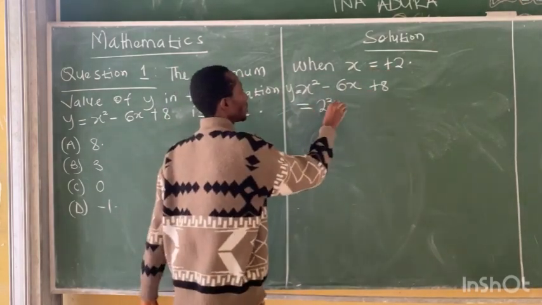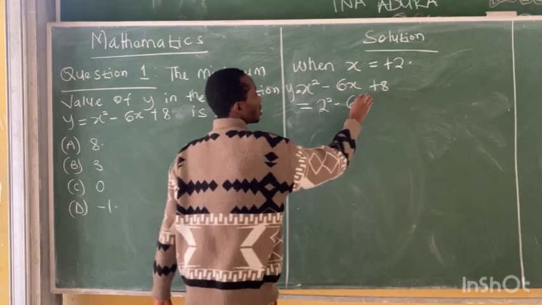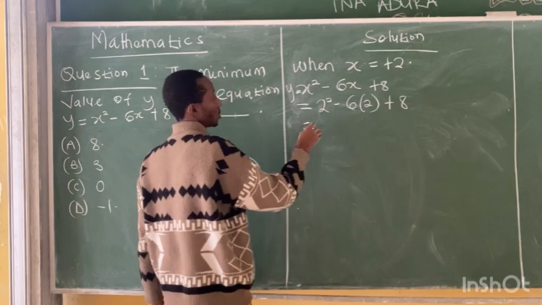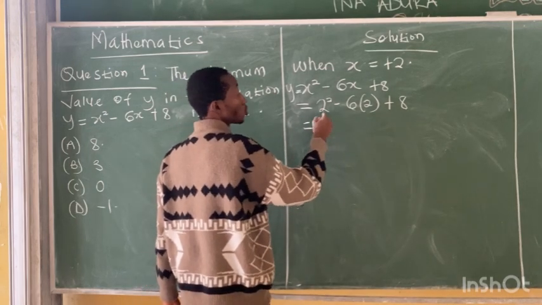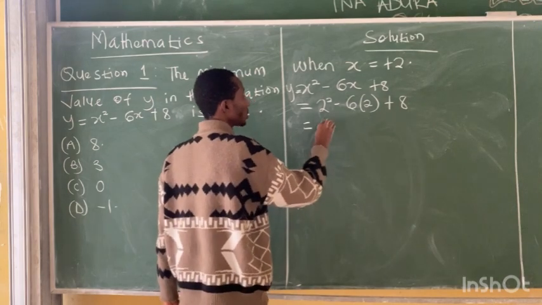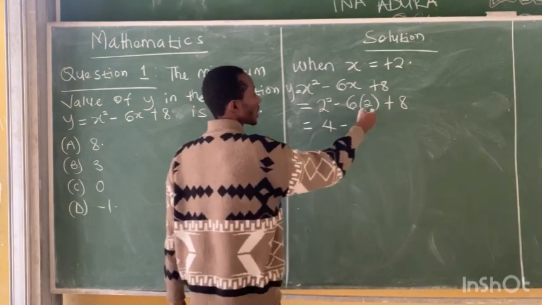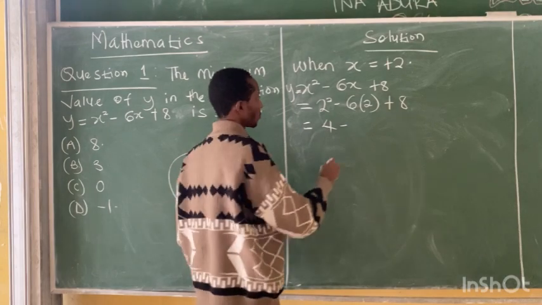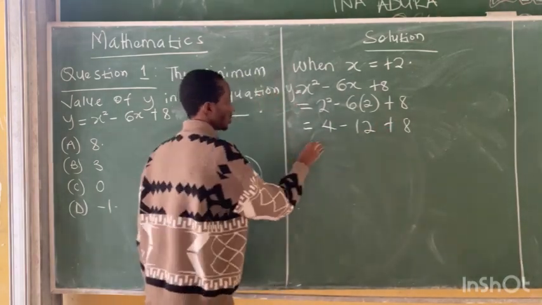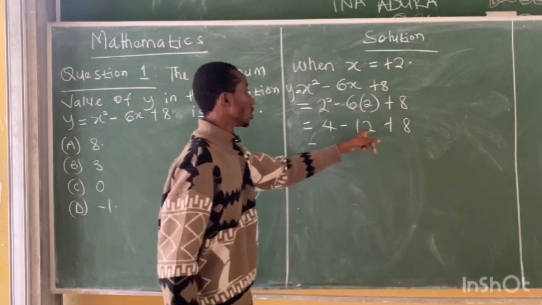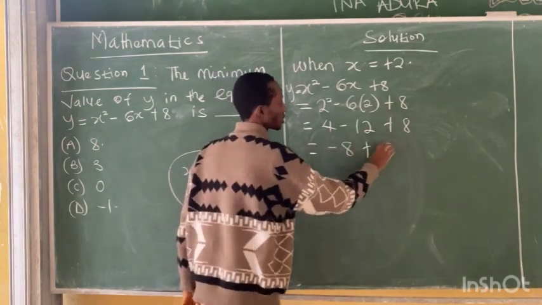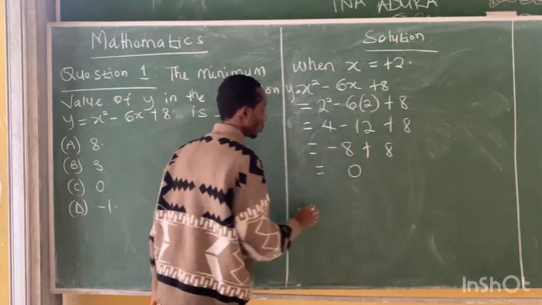We have 2 squared minus 6 times 2, plus 8. 2 squared is 2 times 2, which is 4, minus 6 times 2 which gives us 12, plus 8. 4 minus 12 gives us minus 8, plus 8. This is equal to 0.